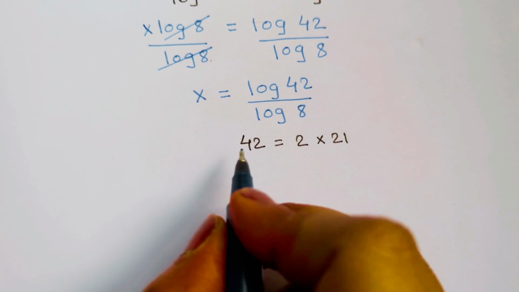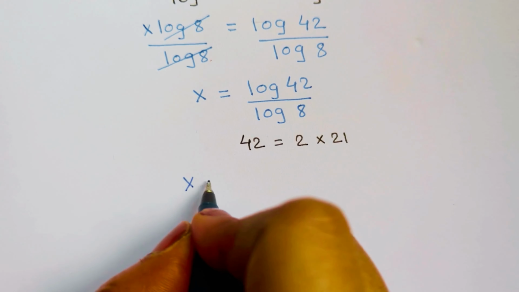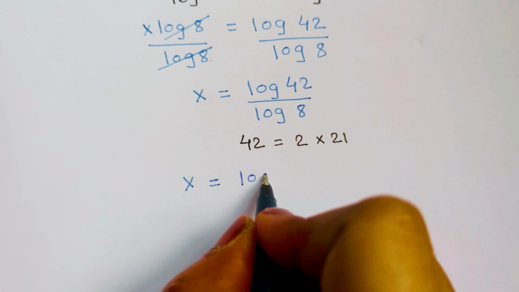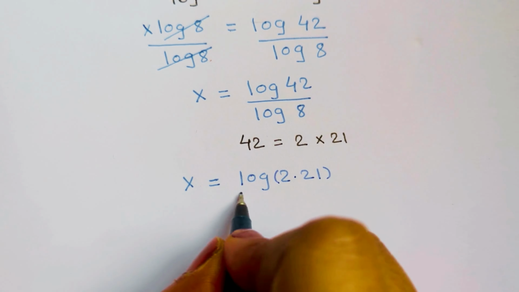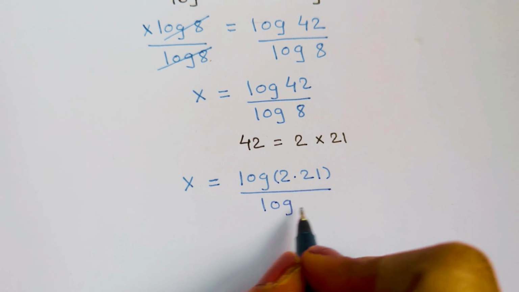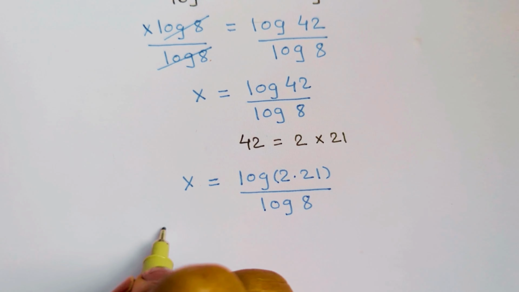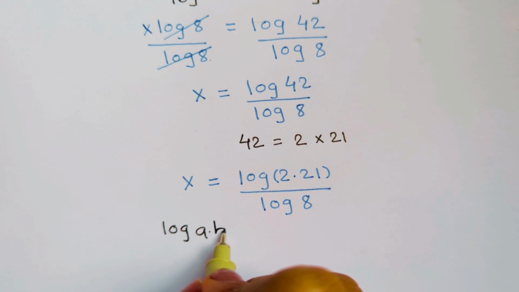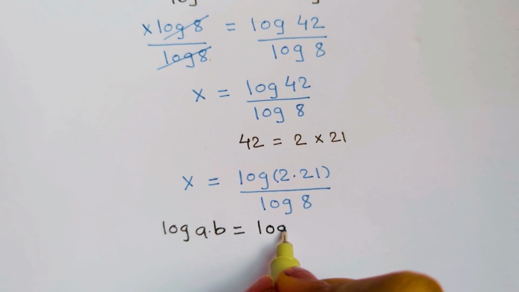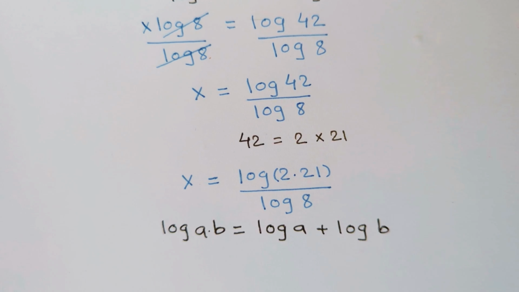So the equation would be x is equal to log (2 into 21) divided by log 8. Now we are going to use another formula, which is log (a into b) is equal to log a plus log b.